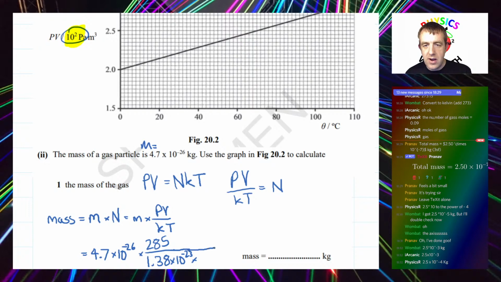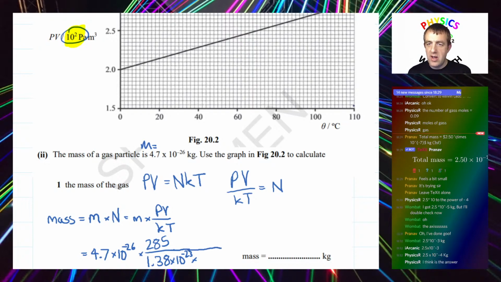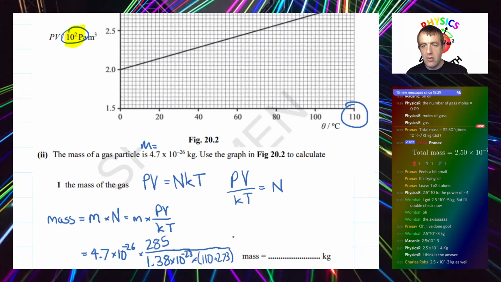And then we're also dividing by temperature. But we have to be a bit careful, because temperature is not going to be 110 Kelvin. It's going to be 110 plus 273. We need to get it in Kelvin.